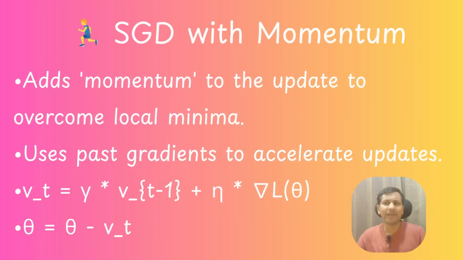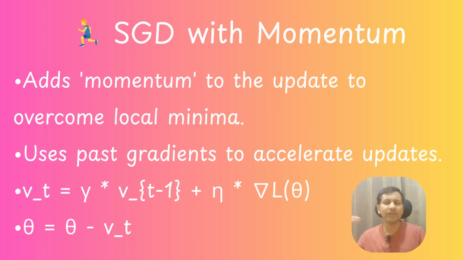Talk about SGD with momentum. It adds momentum to the update to overcome local minima. It uses past gradients to accelerate updates. Vt, the velocity, is equal to momentum times the velocity at time t minus 1, plus learning rate times the gradient of the loss function, delta L of theta. Then theta is equal to theta minus Vt.